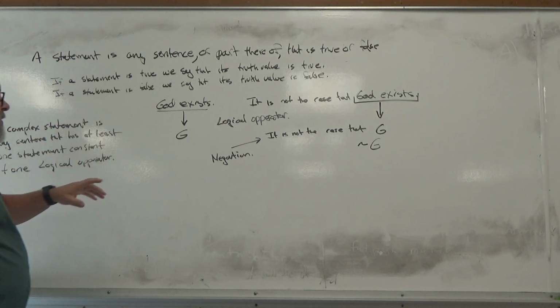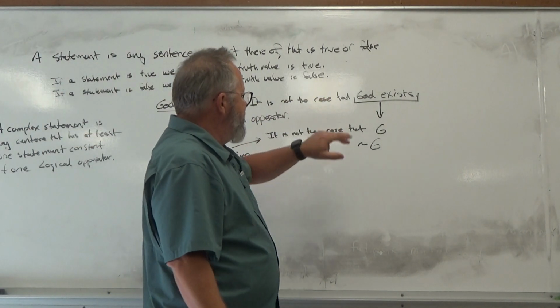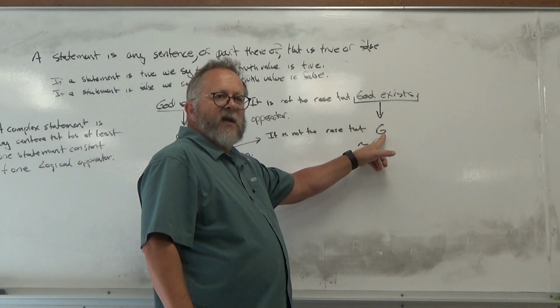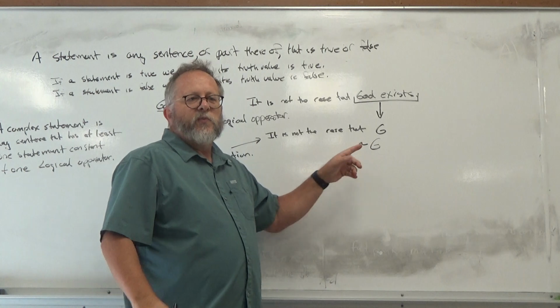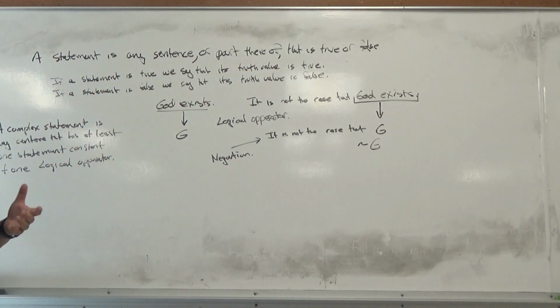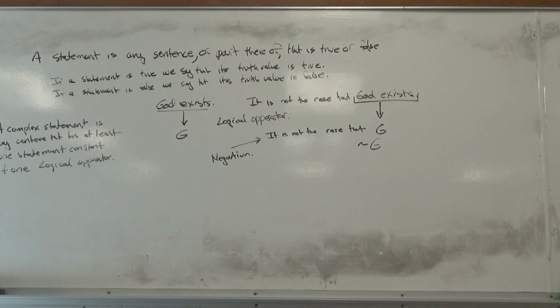Okay, so this sentence, it is not the case that God exists, has a statement constant, and it has a logical operator, negation. So this would be a complex statement. Does everybody understand that?